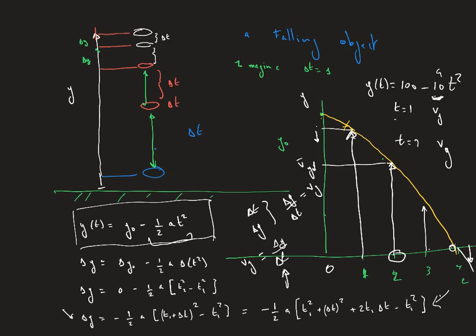The object is initially at this height, is coming down, and every time it gets more delta y in the same time. It means that the velocity in the y direction is increasing, and I want you to make an approximation for this curve, how the velocity will be here if the curve is y of t like this.